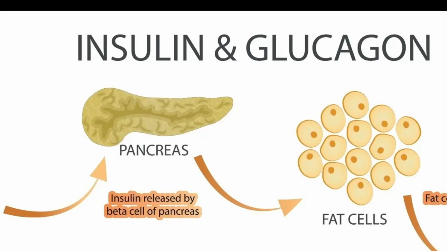So insulin released by beta cells of the pancreas will store the high blood glucose inside the fat cells and thereby restore the normal blood glucose level in the body, while glucagon will signal the liver to break down glycogen and release glucose into the bloodstream, thereby restoring normal blood glucose level in the bloodstream.